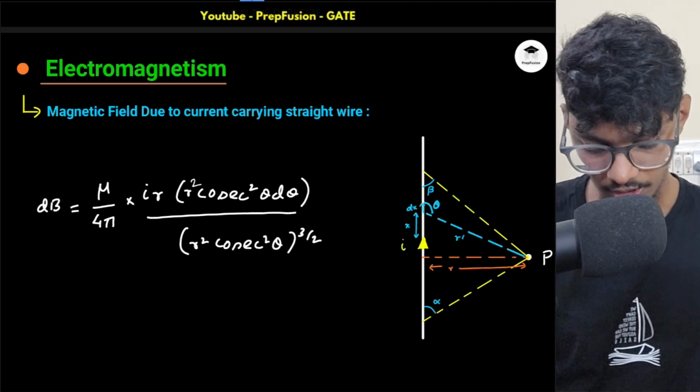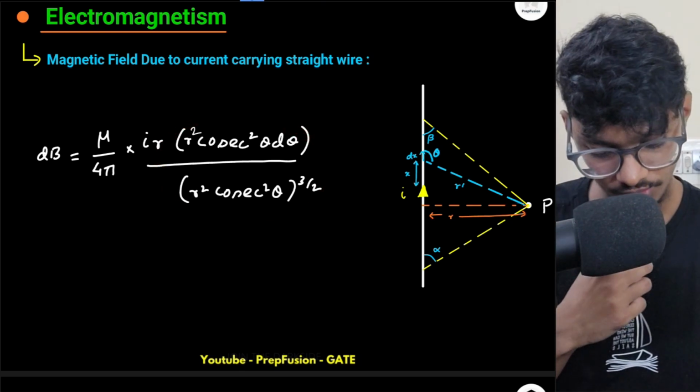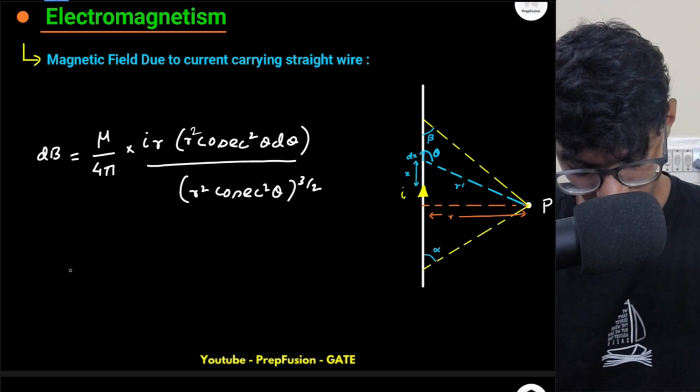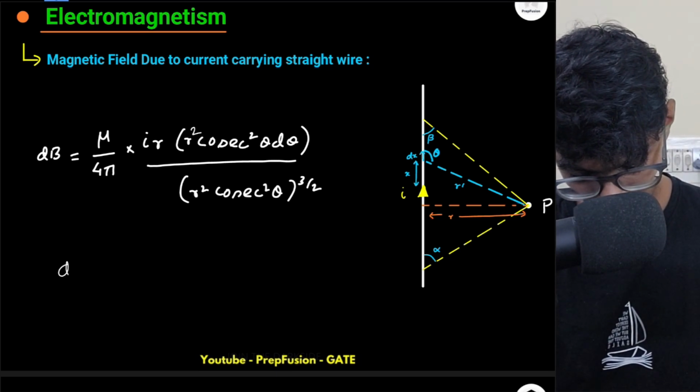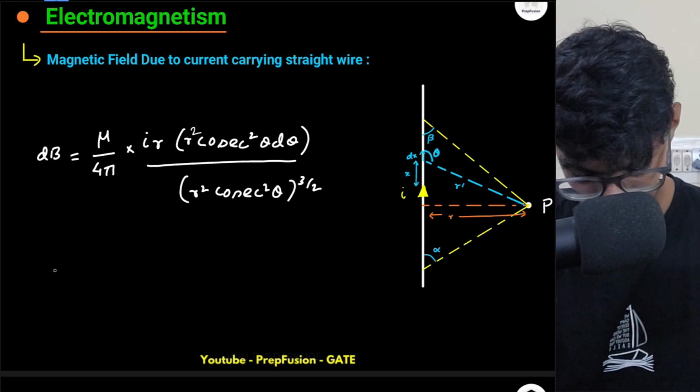So now overall, this becomes 1 by cosec theta. And obviously d theta is here, right? So overall what I will do, I will just write that this will be dB.